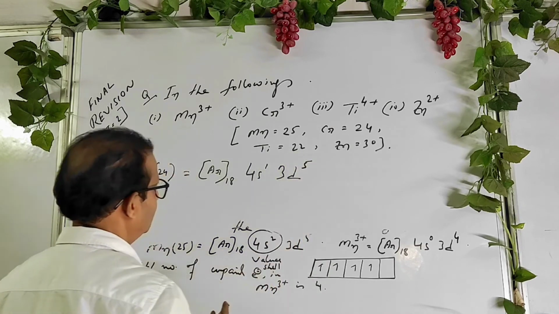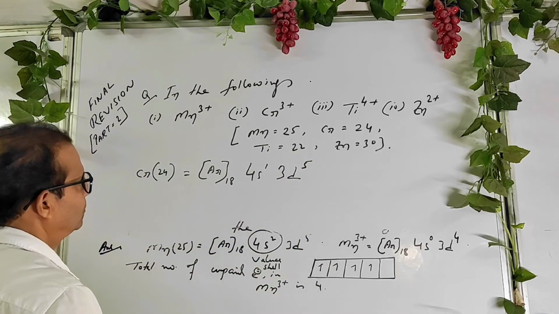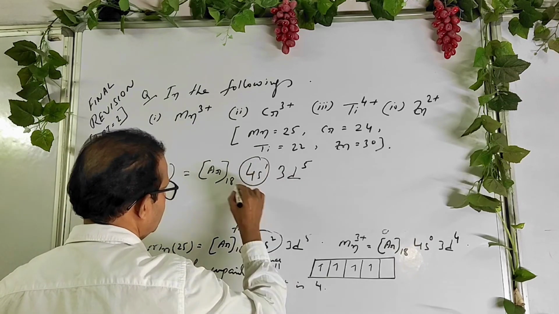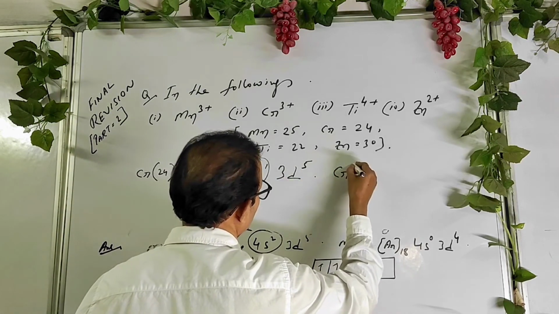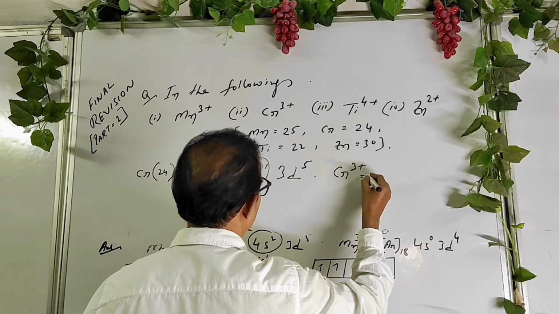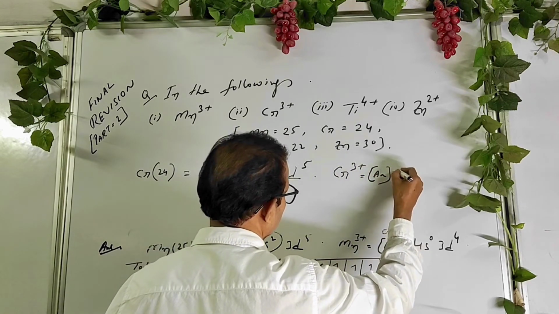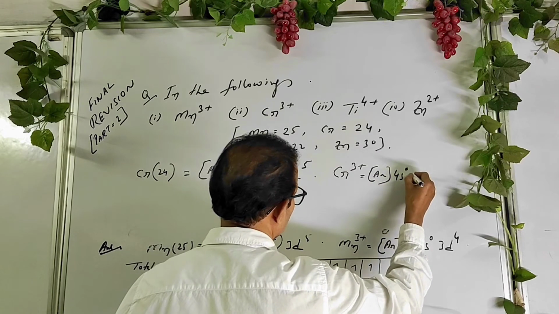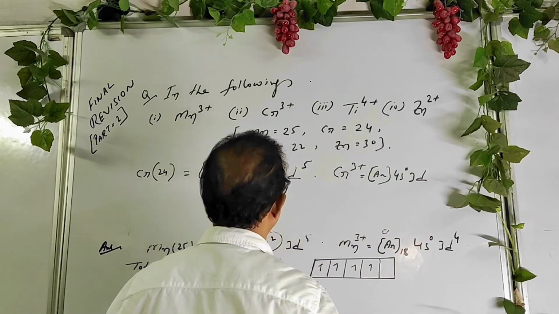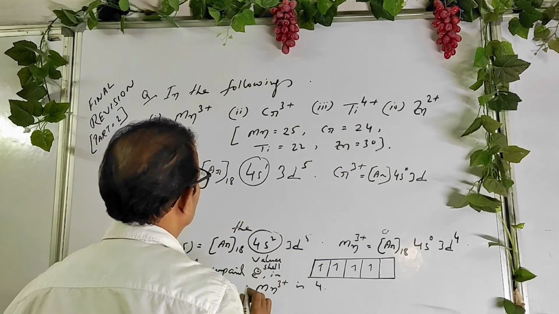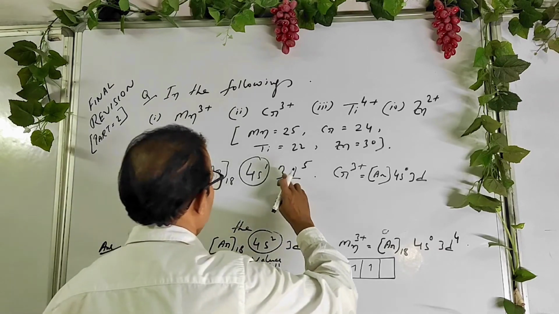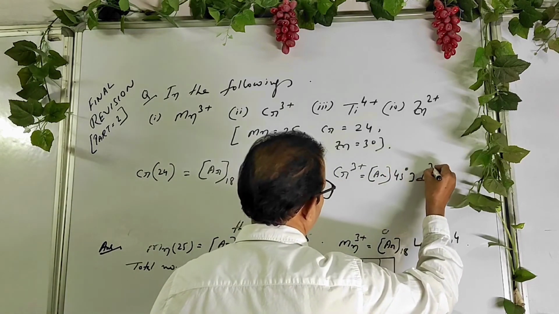This is the valence shell. So chromium 3 positive contains argon 4s0 3d3.